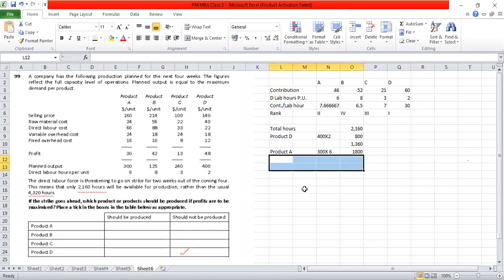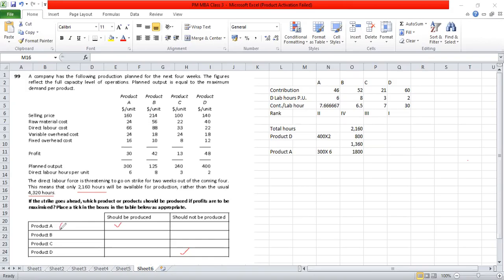But ma'am, profits have to be maximized, so a few products of A have to be produced. But then here we have to mention that not all products, only a few units.